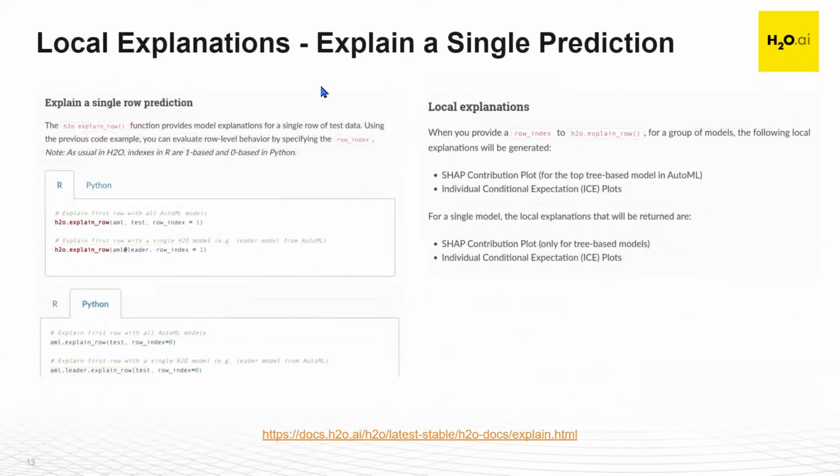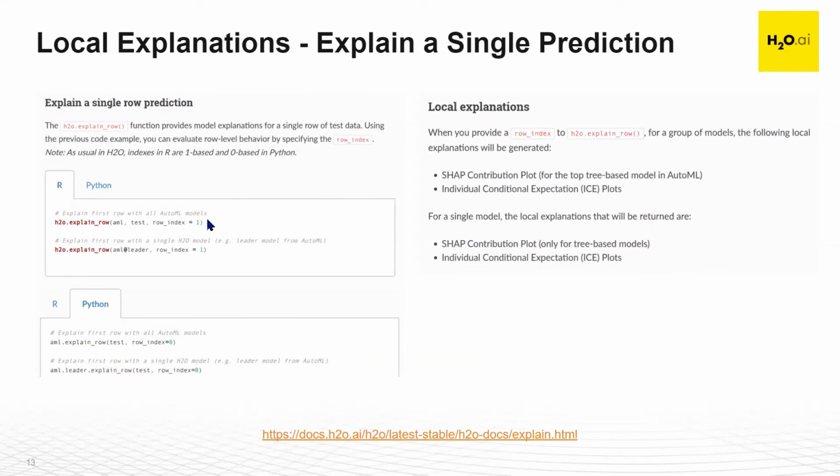Then, of course, after the global explanation, you want to explain a single prediction. In this case, we have a different function, but it's almost the same. This time you use explain_row. We want to point it at just a single row, one single sample, and try to explain how the model comes up with the final prediction based on different inputs.